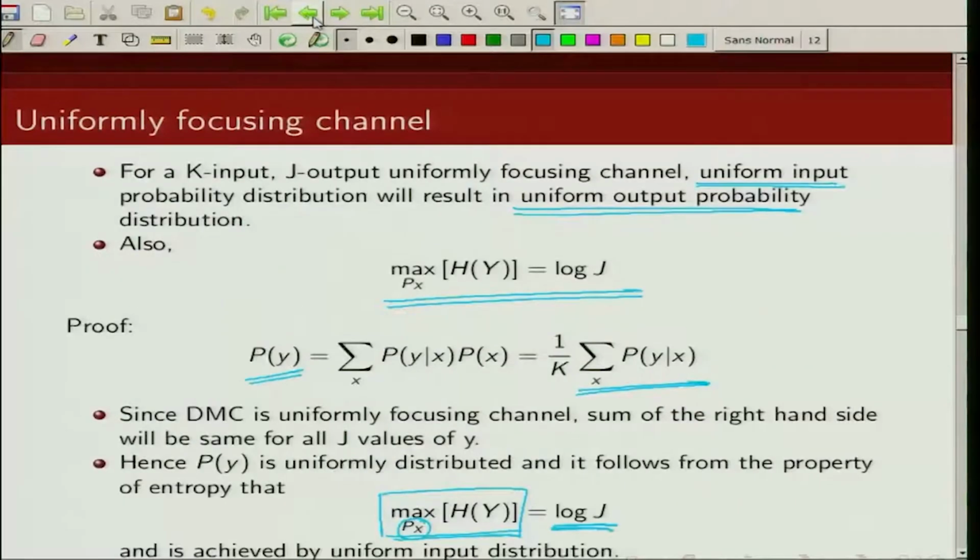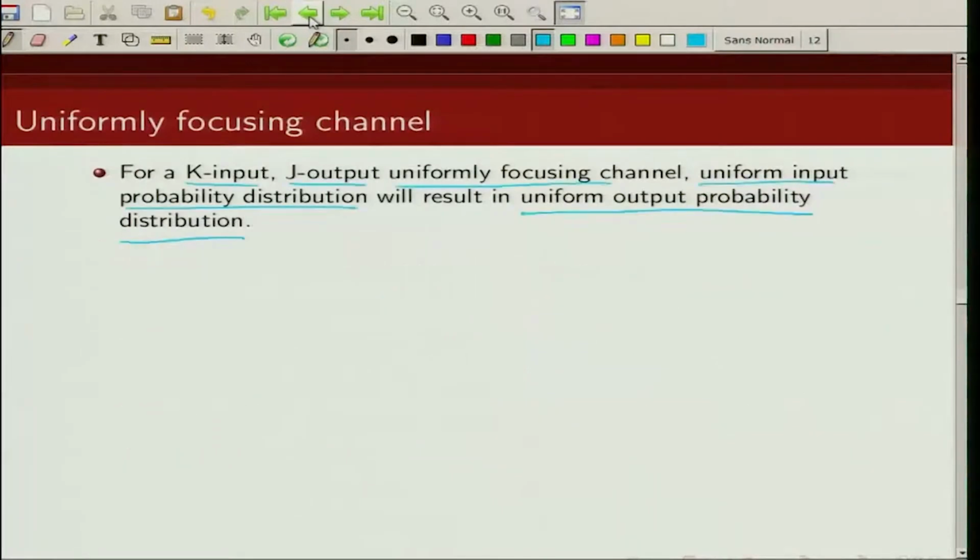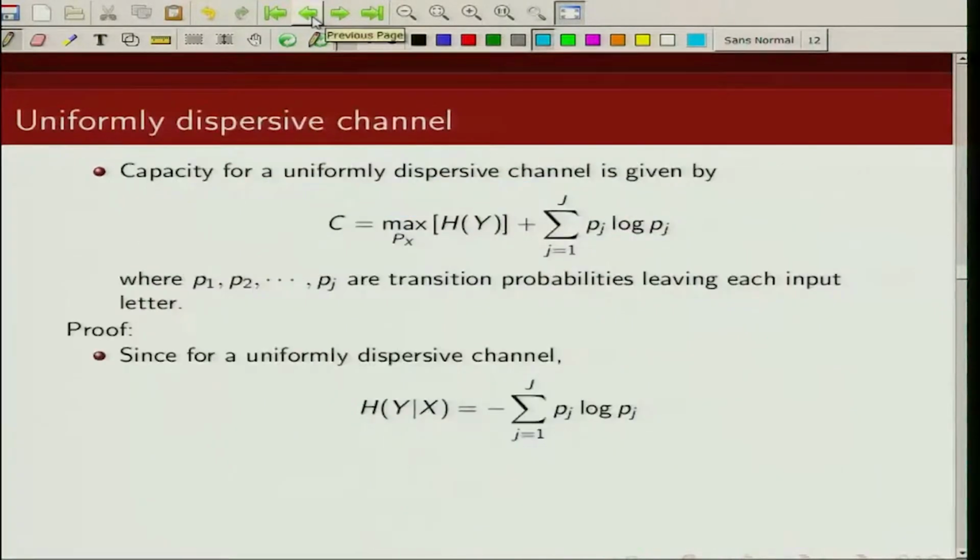The answer is yes. What was the capacity of a dispersive channel? The capacity of a dispersive channel is this: maximizing h of y over p of x. Now, for a uniformly focusing channel, we know what this quantity is, and for a uniformly dispersive channel, we know what this quantity is.